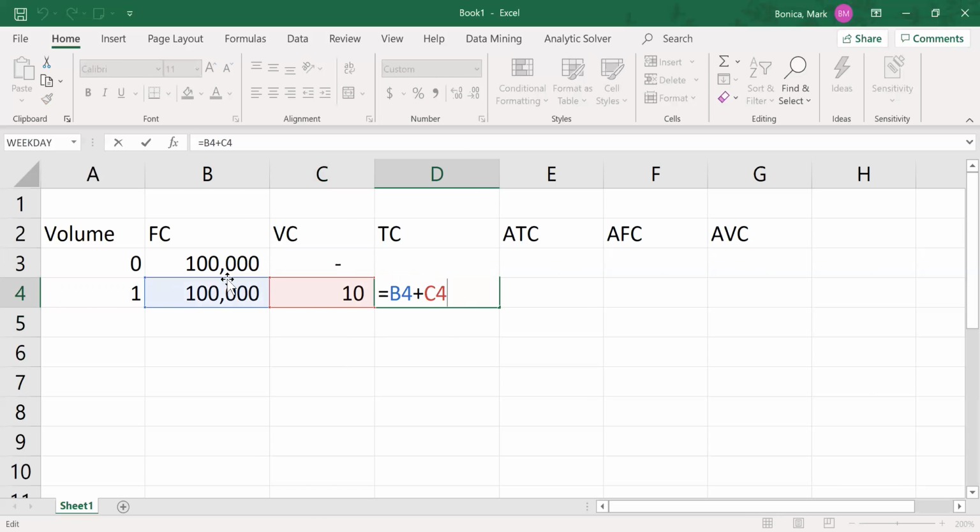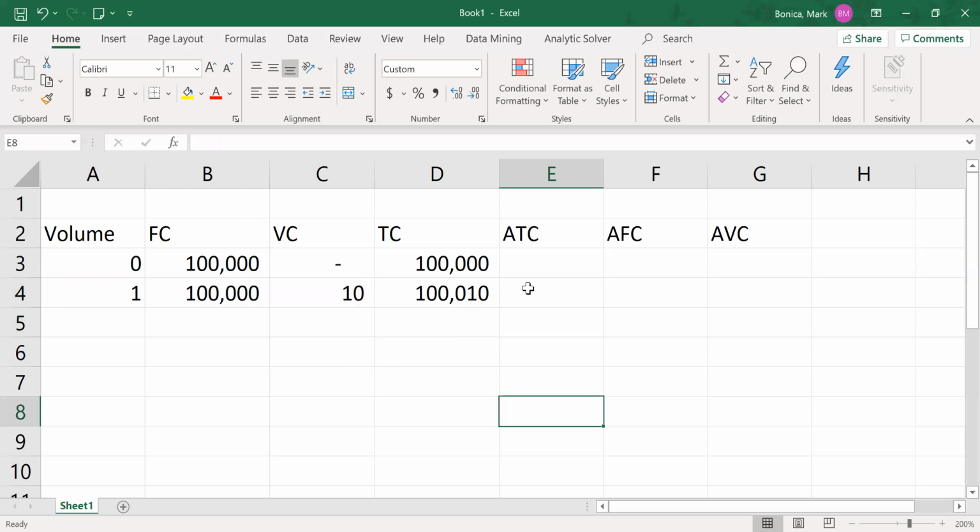And then this one was B3 plus C3. I copied the formula down 1 row. It updated it, so now it's saying, give me B4 plus C4, right? Okay, so that's the Excel part of this.